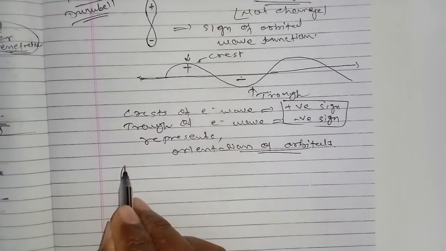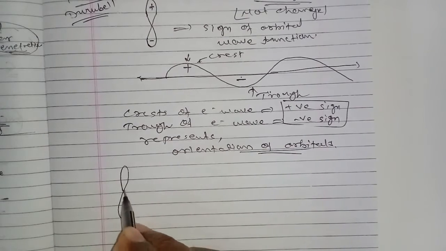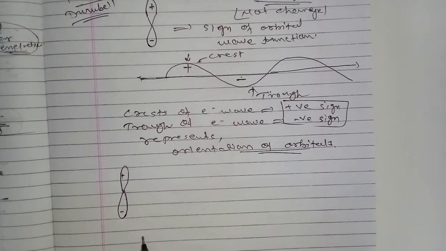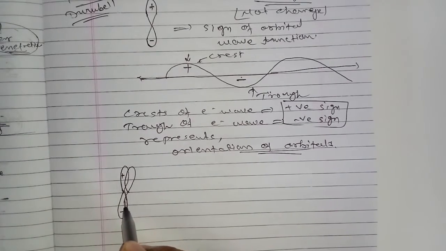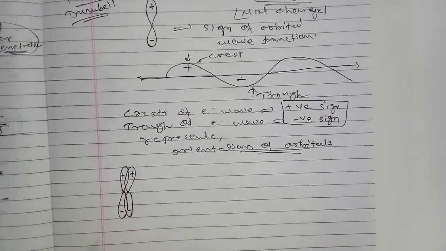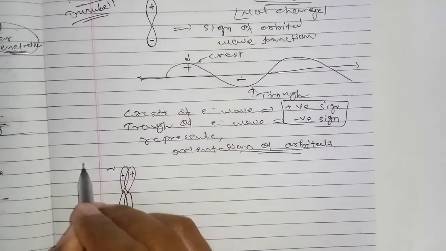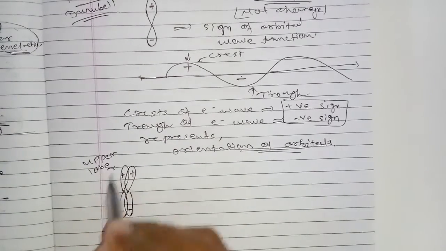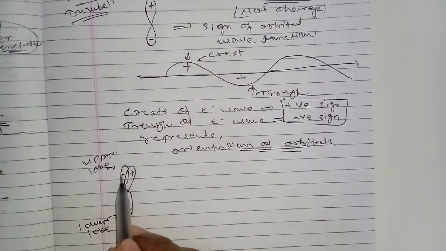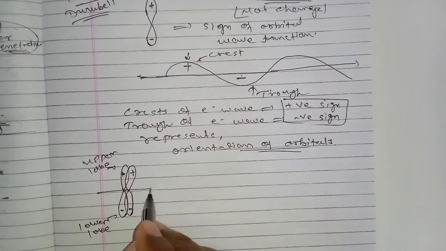Here is a p orbital with positive and negative signs, and another p orbital overlaps with it. The upper lobe has a positive sign and the lower lobe has a negative sign. This is called overlapping.